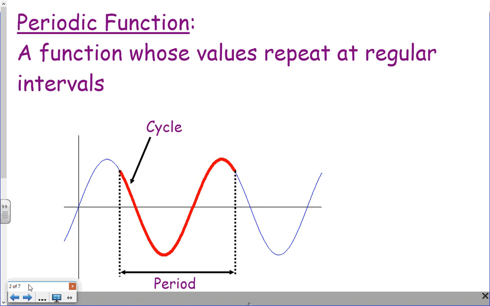Versus the period of that function is the distance it is horizontally from one point to the same corresponding point later on down the line. The period we'll see will be defined as that shortest distance there, but those are two terms we use to describe a periodic function, and they are different. I want to make sure that's stressed here, that you understand the difference, that the period is actually a horizontal distance we're measuring, versus the cycle is the graph itself. The actual y values that the function's going through is the cycle.